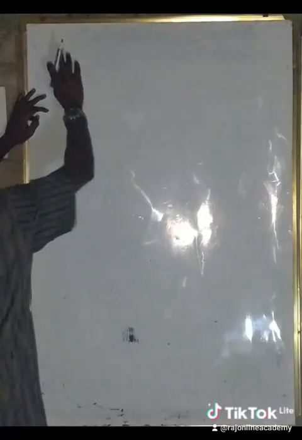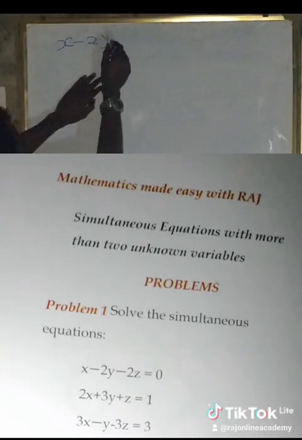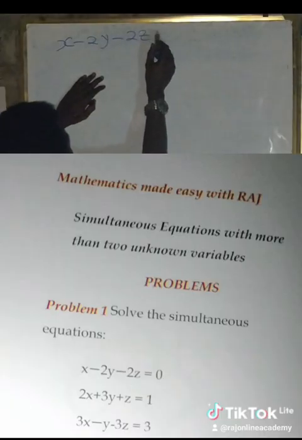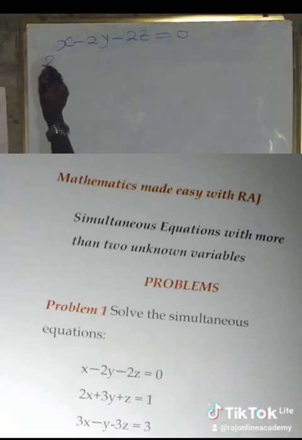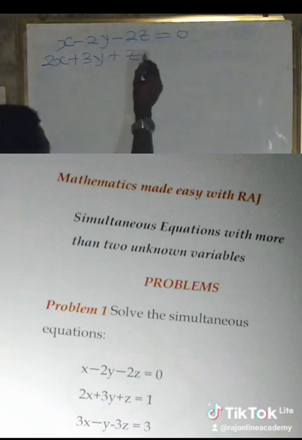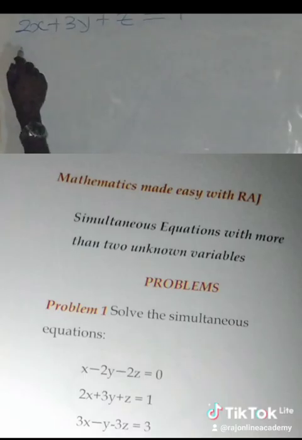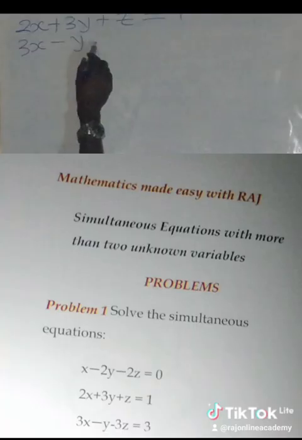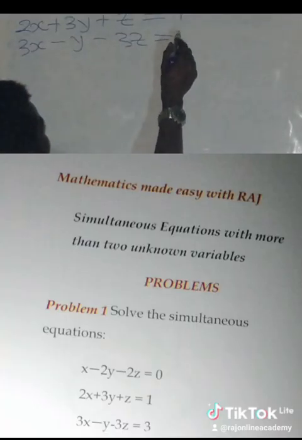Next problem. The same, we follow. x minus 2y minus 2z equals 0. 2x plus 3y plus z equals 1. 3x minus y minus 3z equals 3.